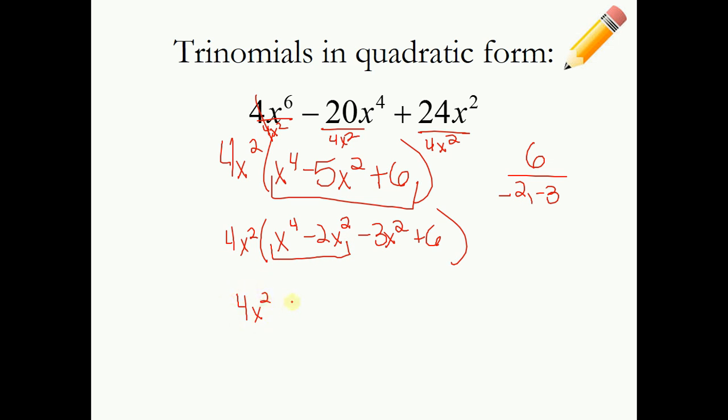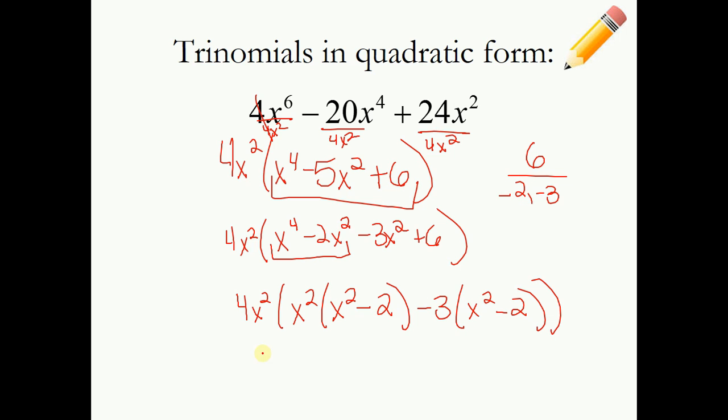This 4x squared is just going to come along for the ride for a while. X squared, and I got x squared minus 2. Looks like a negative 3 can come out of there. That'll be x squared minus 2 as well. So my final answer, 4x squared, x squared minus 3, x squared minus 2. Now, double check.